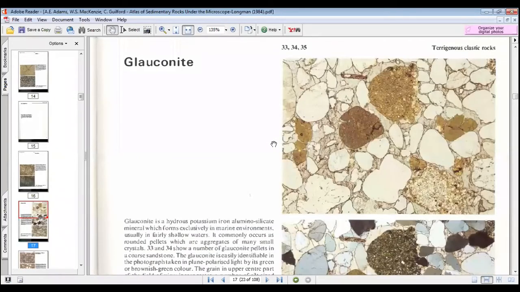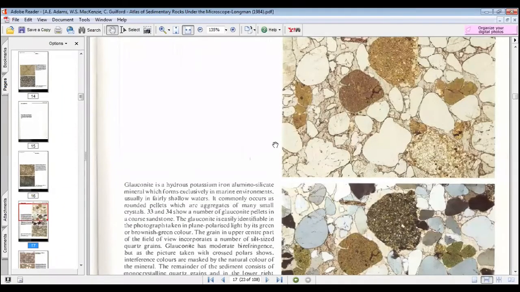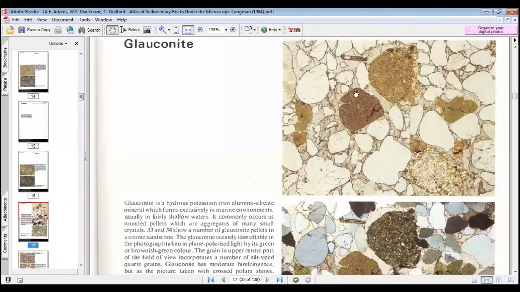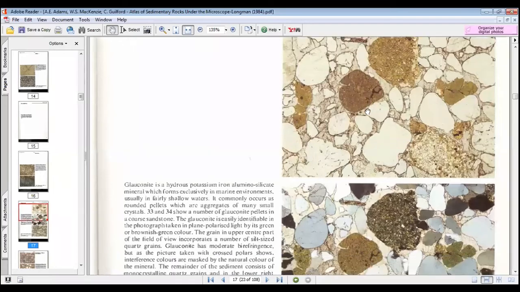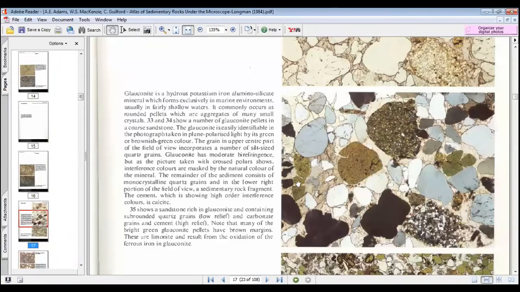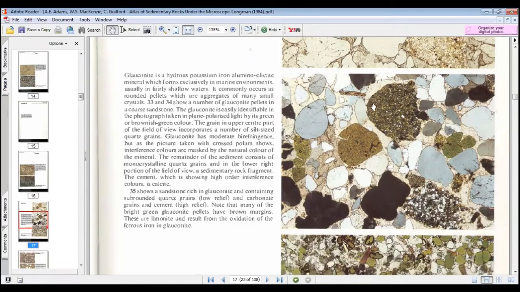Then comes glauconite. Glauconite is very important, and it is a hydrous potassium iron aluminum silicate, and it has a very unique color. In the PPL you cannot see it, but in cross polarized you can see a greenish color, or you can easily identify it in the thin section, and it seems to be made up of crystals, or maybe some rounded pellets, and it is a very good indicator of a shallow marine environment.